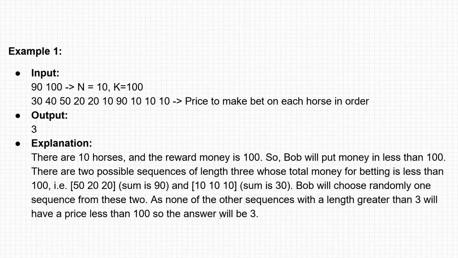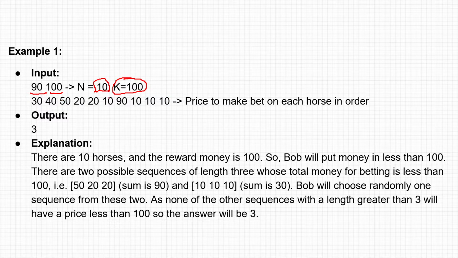So coming to the example part, the input value for n is 10 and it is 100 for the bet value. So the number of horses in the sequence is 10 and the betting value is 100.